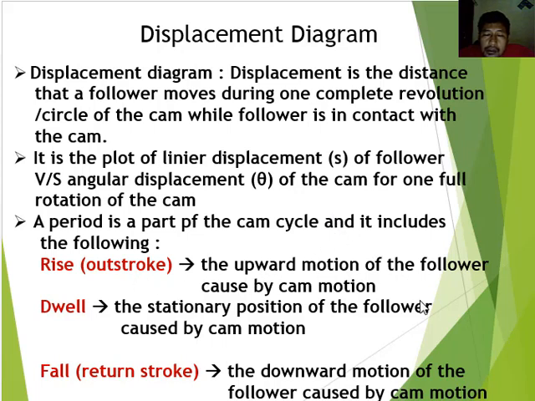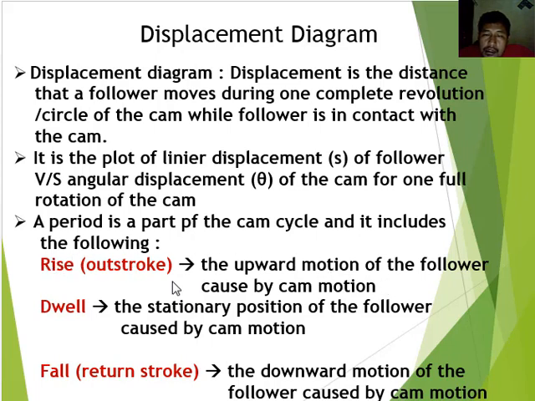In a period of the cam and follower, we know three kinds of motion. The first motion is rise or stroke. This is the upward motion of the follower caused by cam motion.